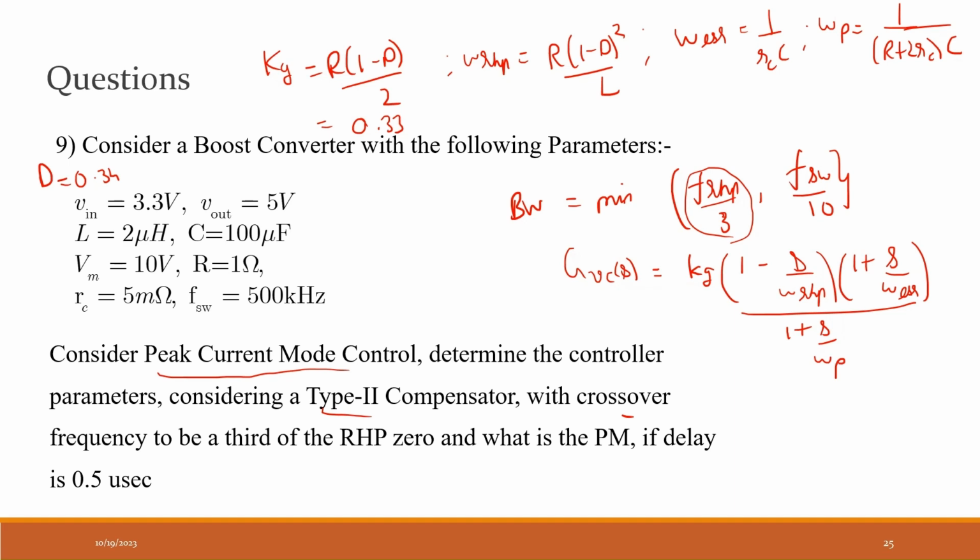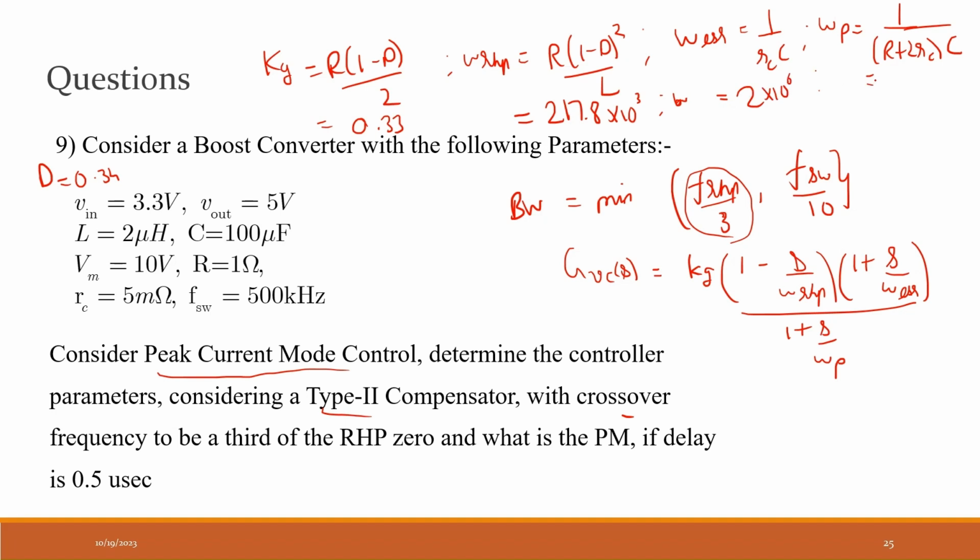Which is 217.8 into 10 to the power 3. Omega ESR is 2 into 10 to the power 6.